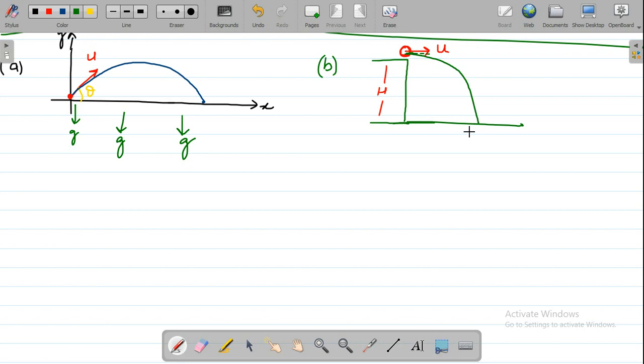That's also a two-dimensional path. So the body will be here. This is the second type of projectile.